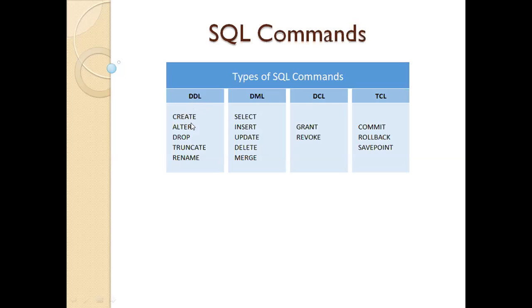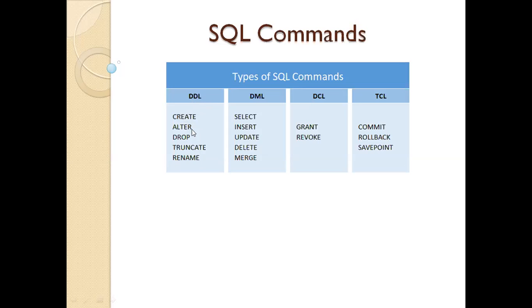So the first command is create. That is the creation of the box I told you about. Here you don't create a box; what do you create? You create a table. How do you create a table? By using the create command. Next, if you want to alter the size of the box, for example change the size or width, then you use the alter command.